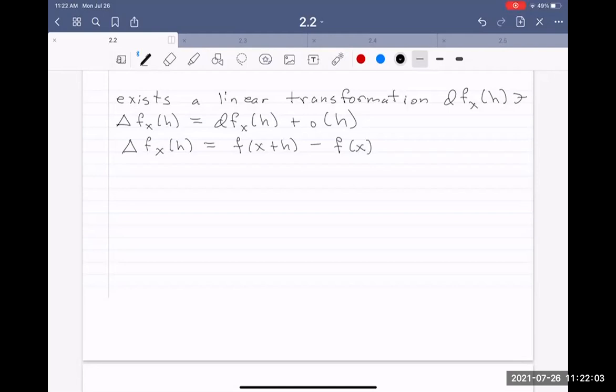And df sub x at h is a linear transformation from R to R. So that means that there's some sort of matrix. I'll give a matrix representation for this linear transformation.